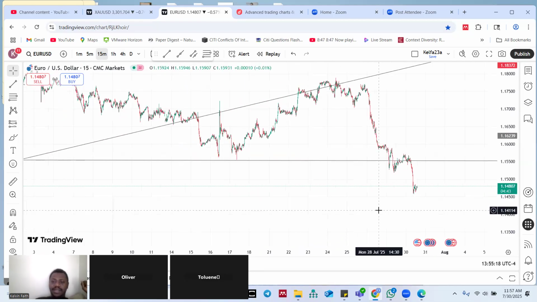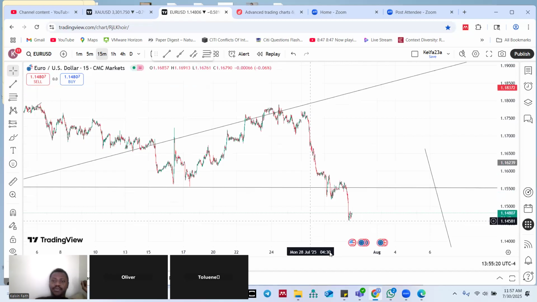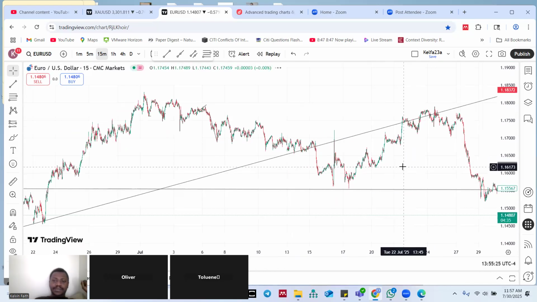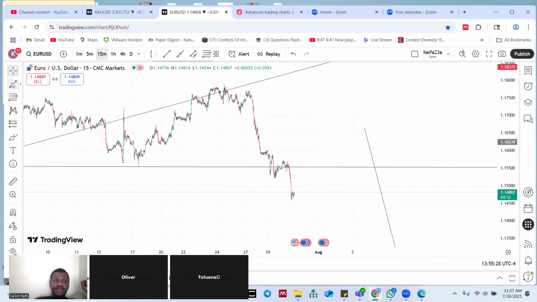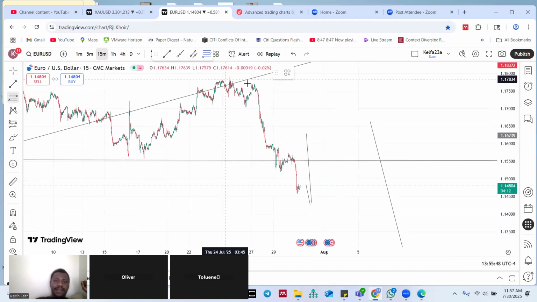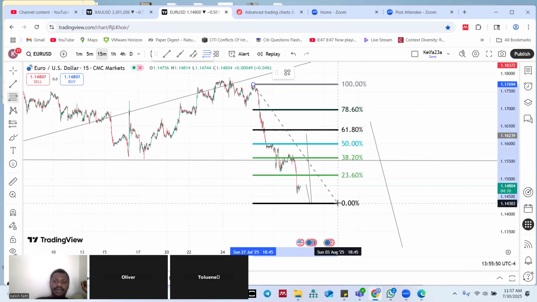So in case price pushes from below, maybe drops a little bit to this side and then pushes, probably price will want to take out this high into this zone here, somewhere here, and then we can join for sales, maybe something like this.